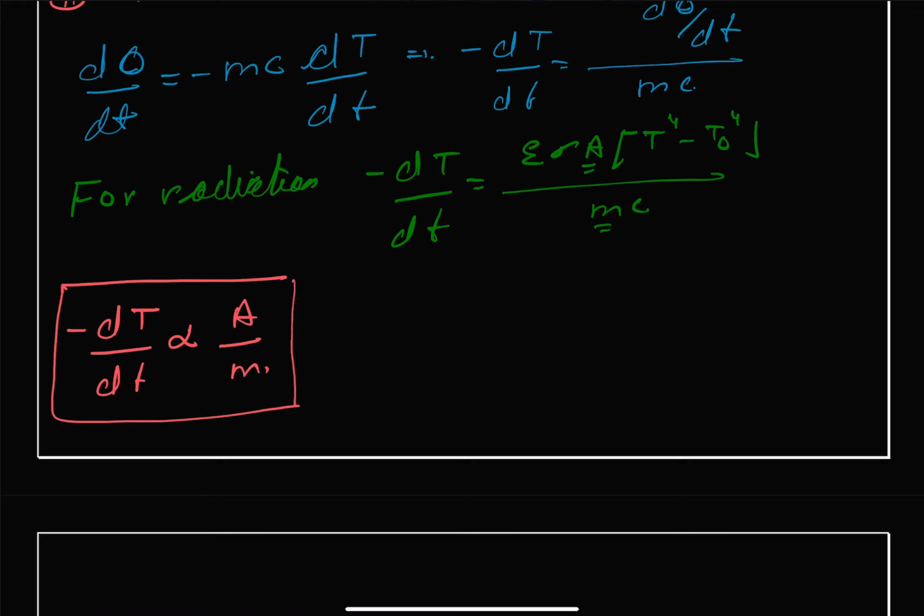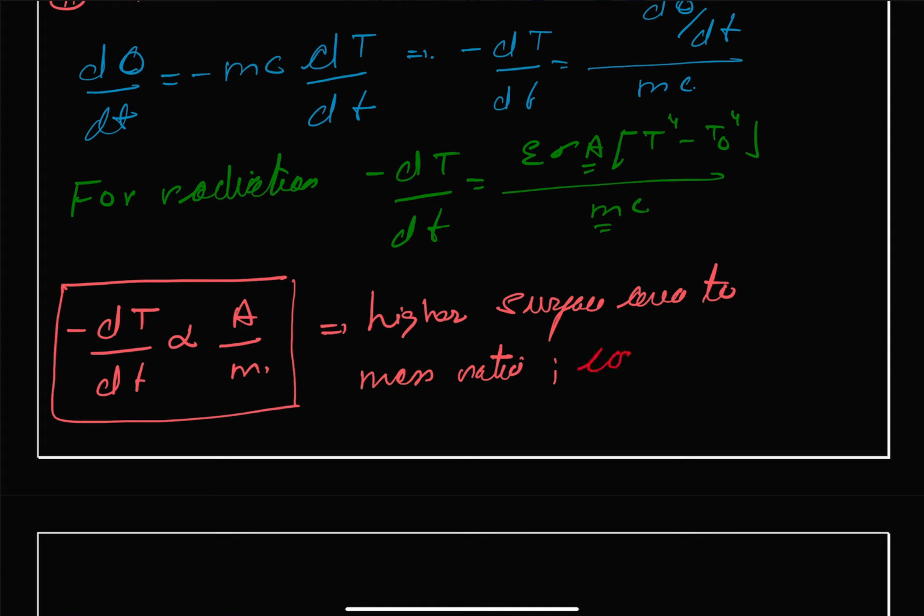So you can say higher surface area to mass ratio, faster is cooling, or we can say cools faster initially.